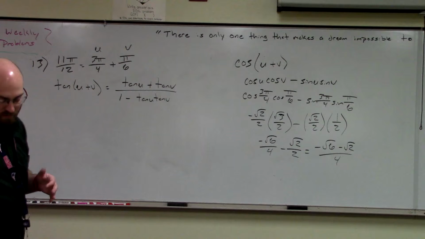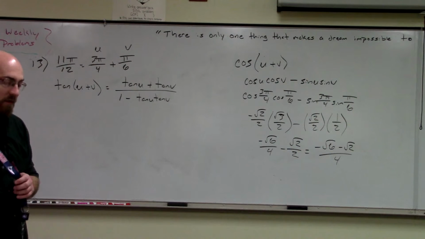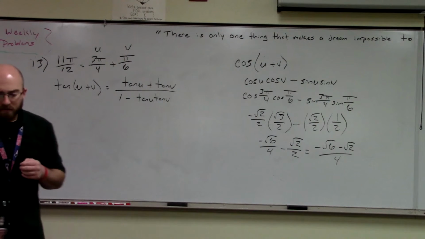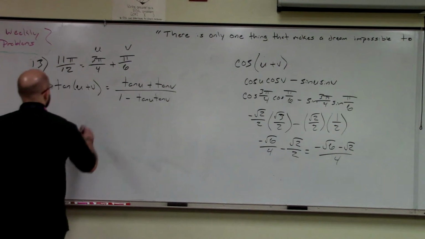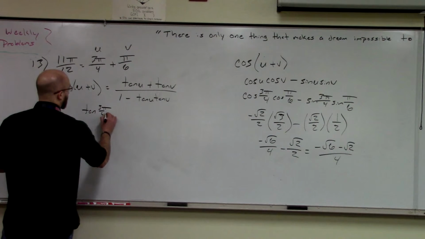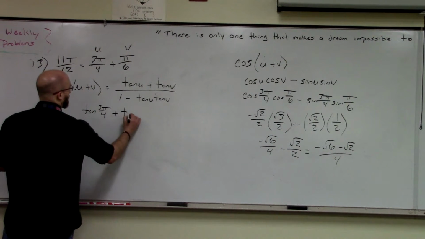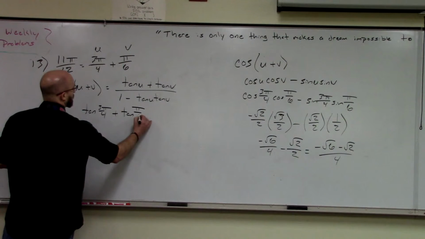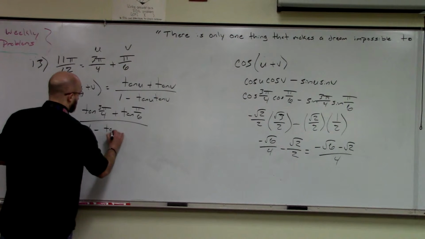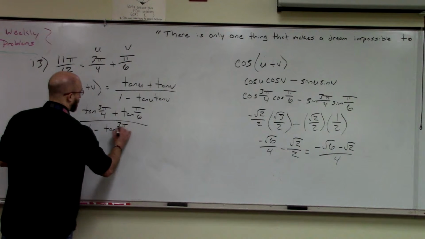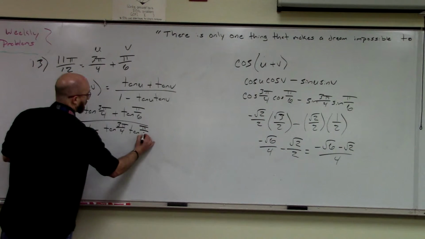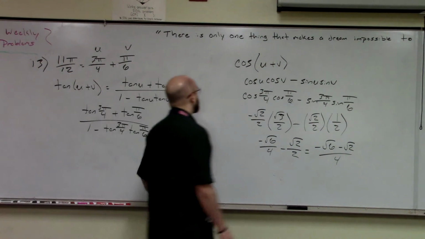Again, all my students, hopefully you should have the unit circle numbers on the outline. So we get tan 3 pi over 4 plus tan pi over 6, over 1 minus tan 3 pi over 4 times tan pi over 6. As you can see, it's already kind of a mess.